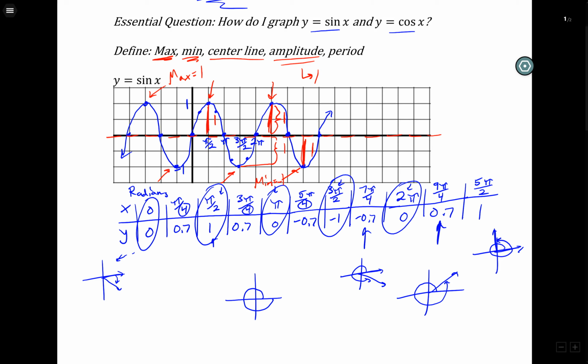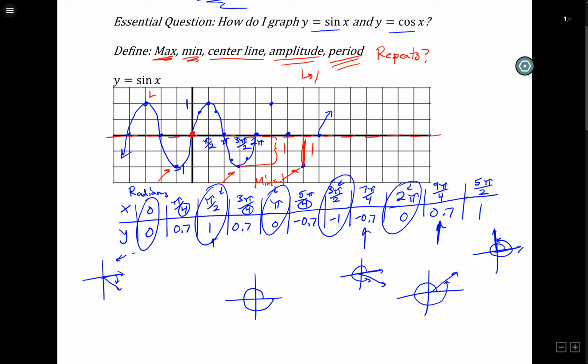All right, the last thing we need to define is the period, and the period means how often the graph repeats, or in other words, how long it takes to repeat. So let's think about where we started here, and let me clear up the graph a bit. We started making our points right here.